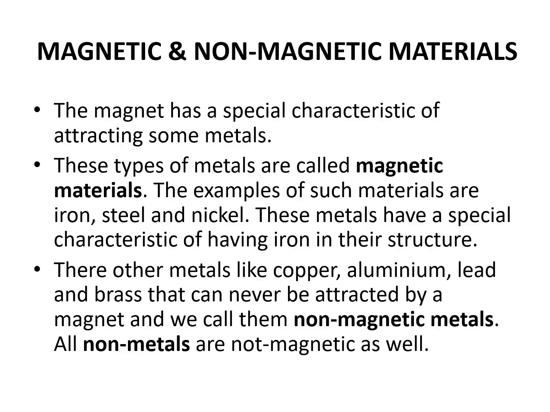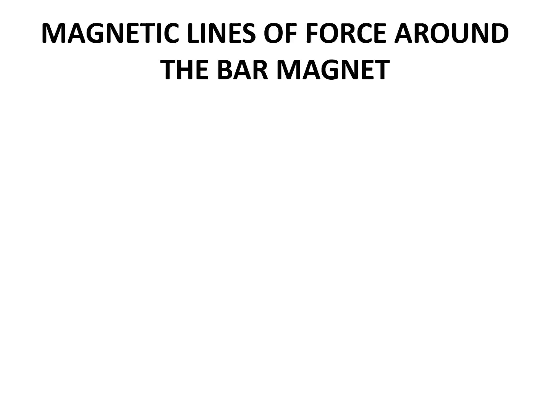Therefore, they cannot be attracted by a magnet. It is also important to note that all non-metals are not magnetic as well. Non-metals like wood, plastic, and rubber, as long as it's a non-metal, are non-magnetic materials.